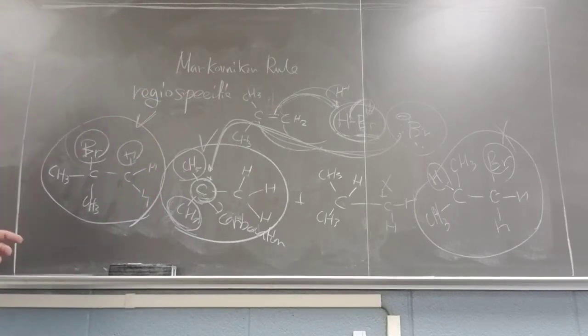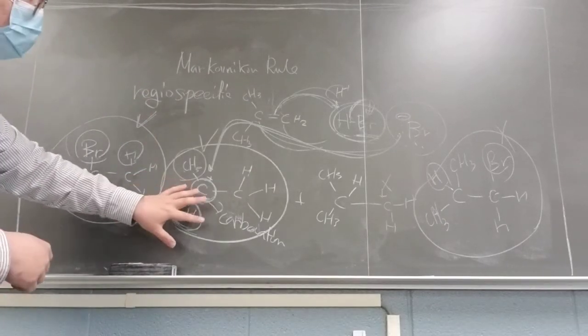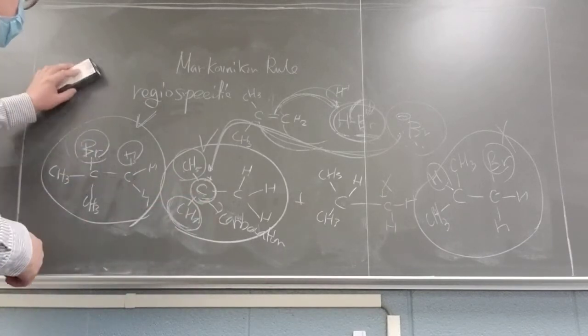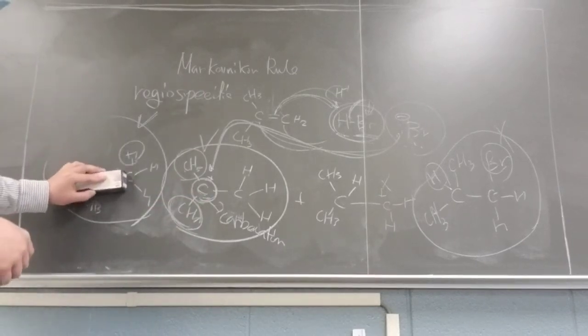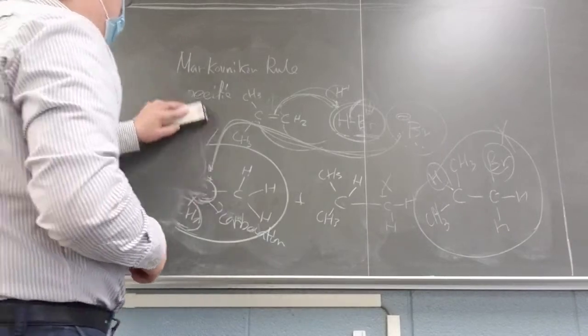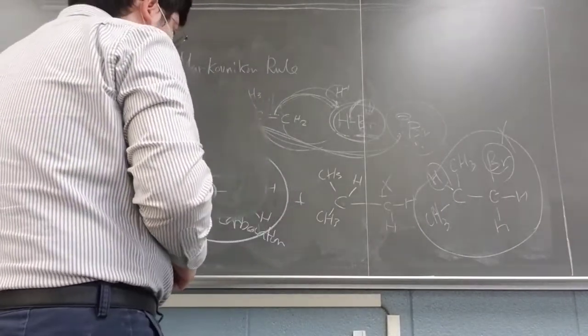So you're going to have that bromination there. I'm going to explain why it is so regiospecific in this Markovnikov rule.